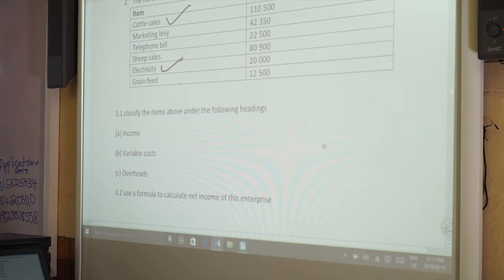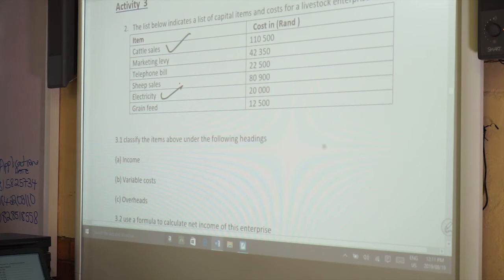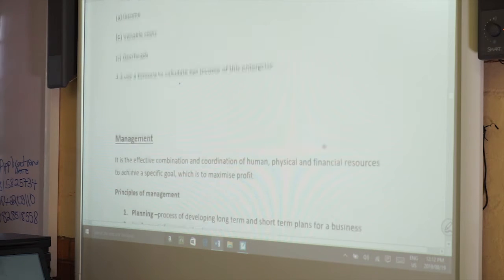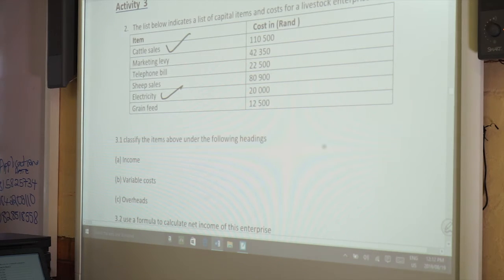So what is expected from the learner is to give the total of all the monies that are coming in and the total of all the monies that are going out. And then from there, money coming in minus money going out, and then we're going to get the net income of a business. And then Mr. Nguni is coming in with labor. Then I'll see you shortly with management.